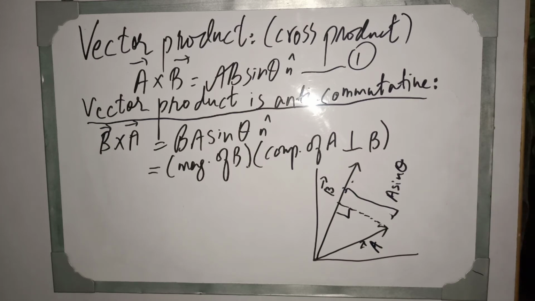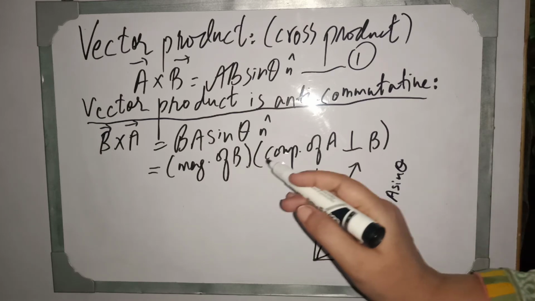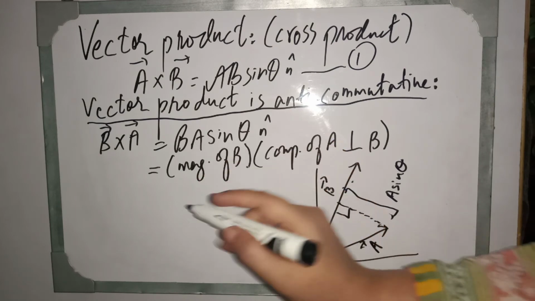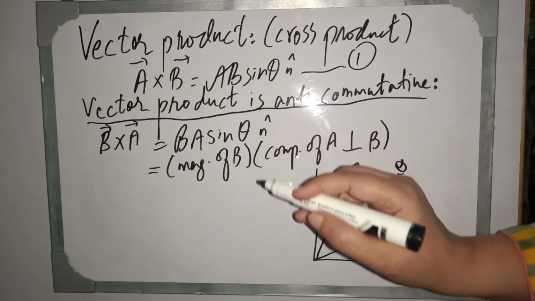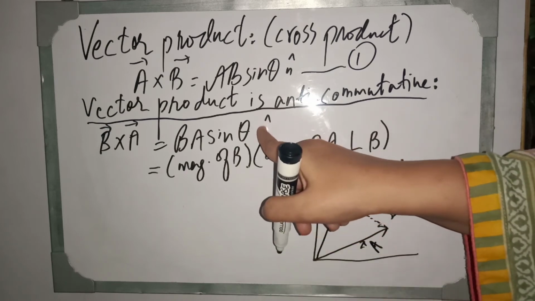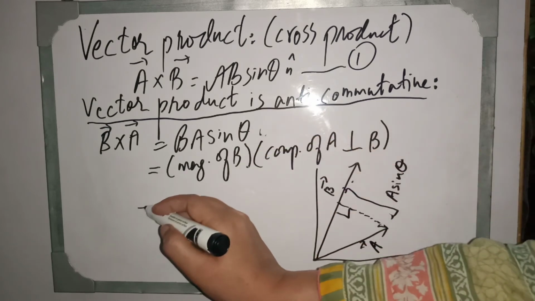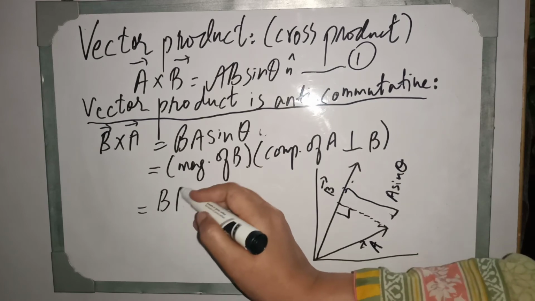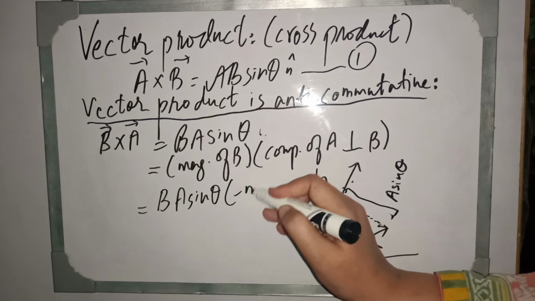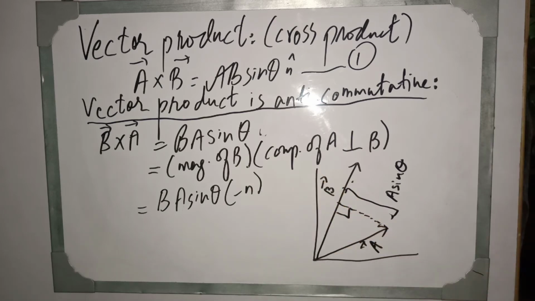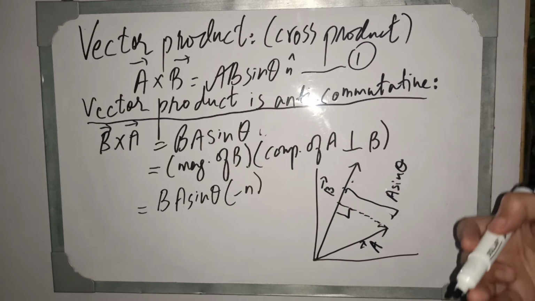Now B cross A is equal to BA sine theta, but instead of n, we will write minus n. It is now equal to BA sine theta multiplied by minus n, because now the unit vector is not out of the page, but it is into the page.